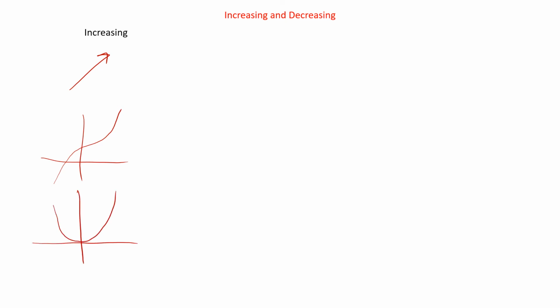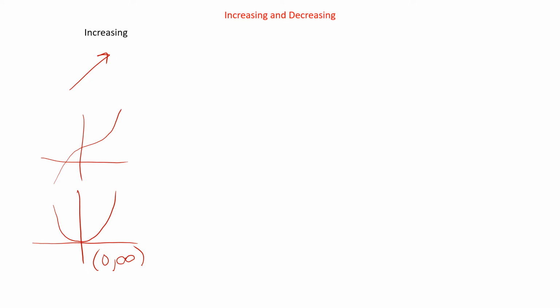Increasing and decreasing functions. These have definitions. It's increasing if when you increase x, the f of x also increases. Increase means it's going up, has a positive slope. So if we had an increasing function, y equals x cubed like that is increasing because it's always going up. y equals x squared is increasing from 0 to infinity.